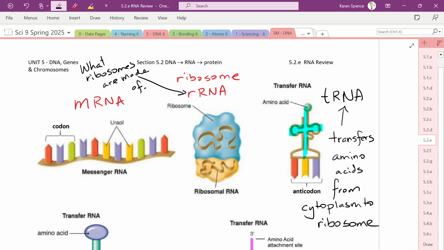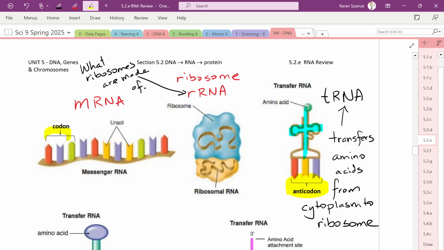So there's a lot of stuff in here that is more detailed than you'll ever need to do. You don't need to be able to draw a tRNA molecule with that crazy little lumpy, bumpy coat hanger at the bottom kind of thing. You just need to know that on the bottom of the tRNA is the anticodon.